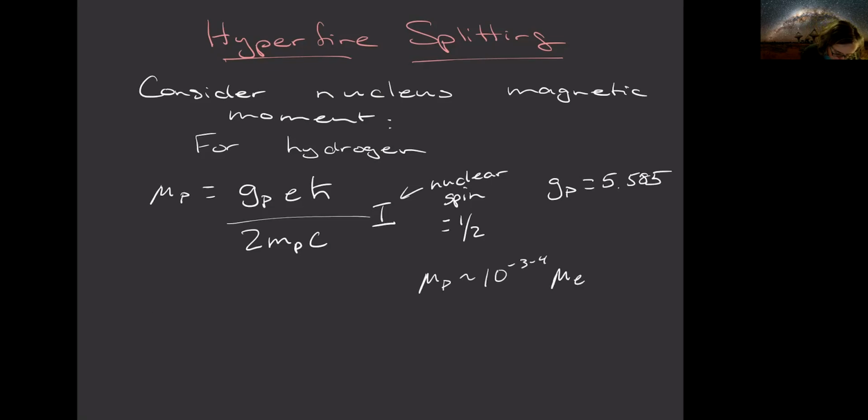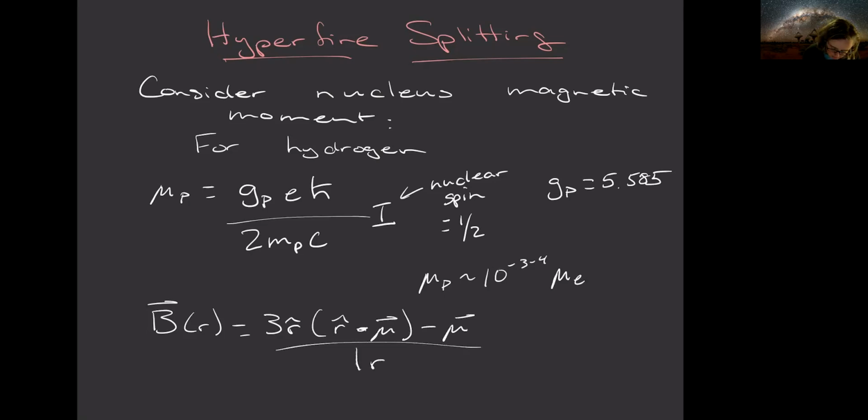So for this nucleus, we can consider what the magnetic field of the nucleus is. And in this case, we're just dealing with the simple situation of the spin of the proton, and that's given by 3 r hat times r hat dot mu, minus mu, which is the magnetic moment, over the radius cubed.